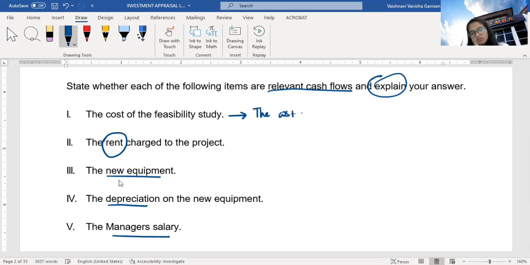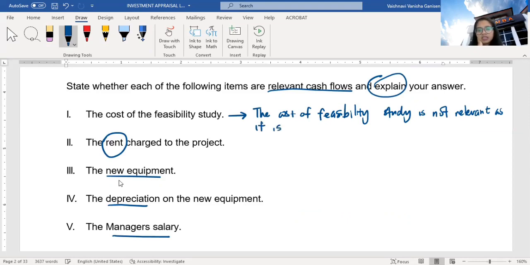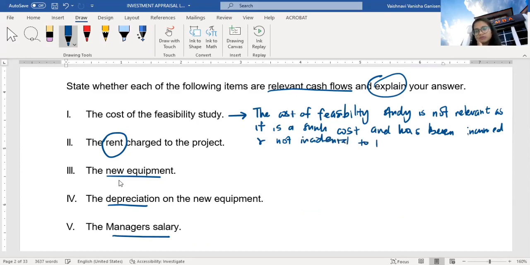The cost of feasibility study is not relevant as it is a sunk cost and has already been incurred and not incidental to the decision.